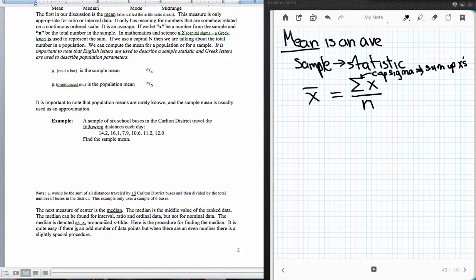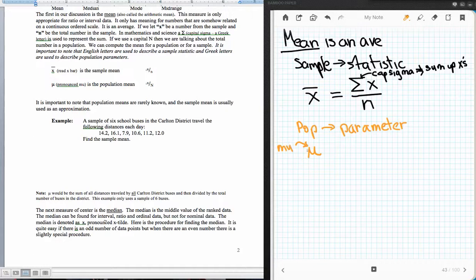Now if we have a population, we have a parameter, right? So population, these things were parameters. And for parameters, we use Greek letters to represent parameters. And the Greek letter that we use to represent the parameter for the mean is this Greek letter. This one is the letter mu.